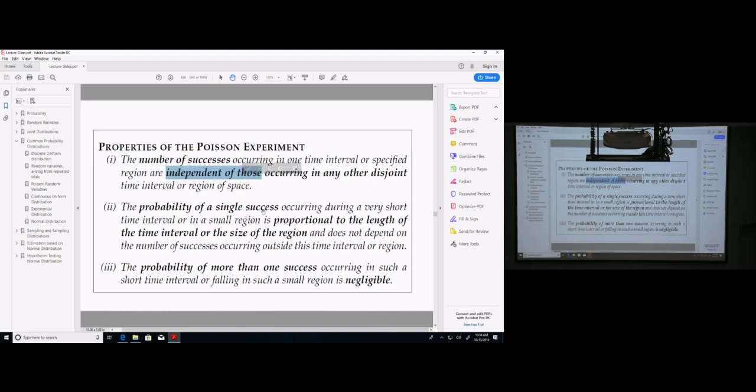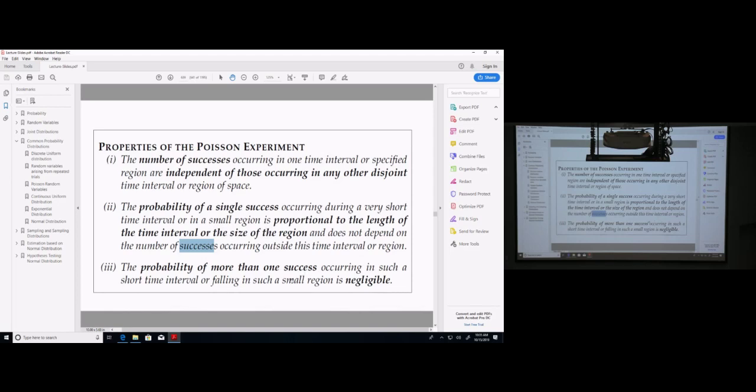The probability of a single success occurring during a very short time interval or in a very small region is proportional to the length of the time interval or the size of the region. Size here is very small, and the time interval is also very small, and it does not depend on the number of accidents or typos occurring outside this time interval or this small region.